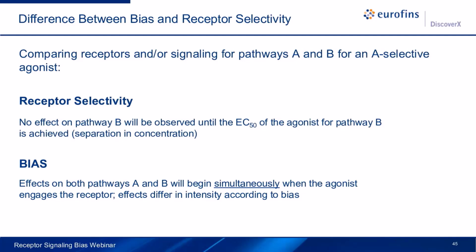Bias is occurring the minute the compound interacts with the receptor, but at different strengths. So both signals occur once the compound binds, but if we have a bias towards cyclic AMP, the cyclic AMP signal will be much stronger than the beta-arrestin.